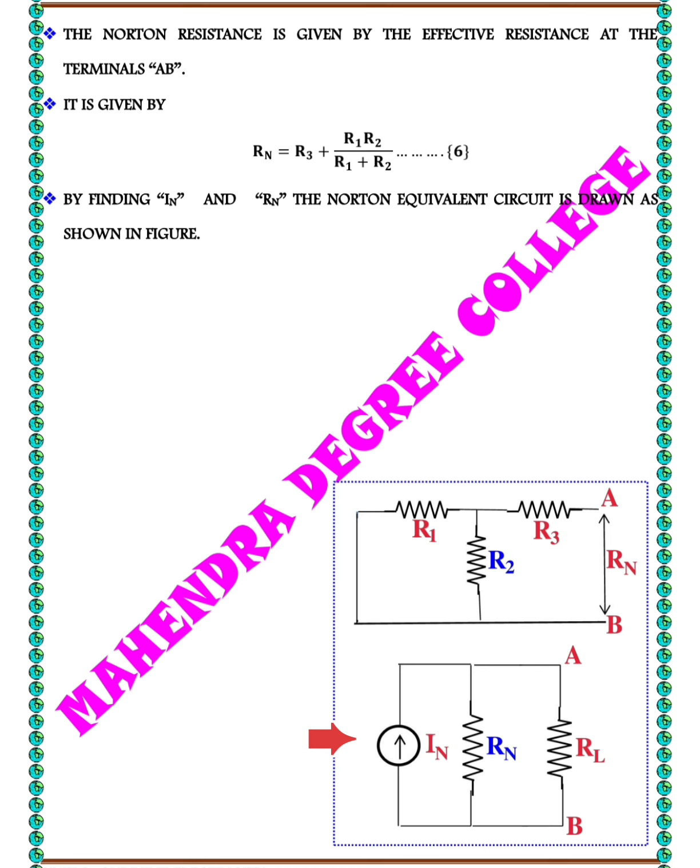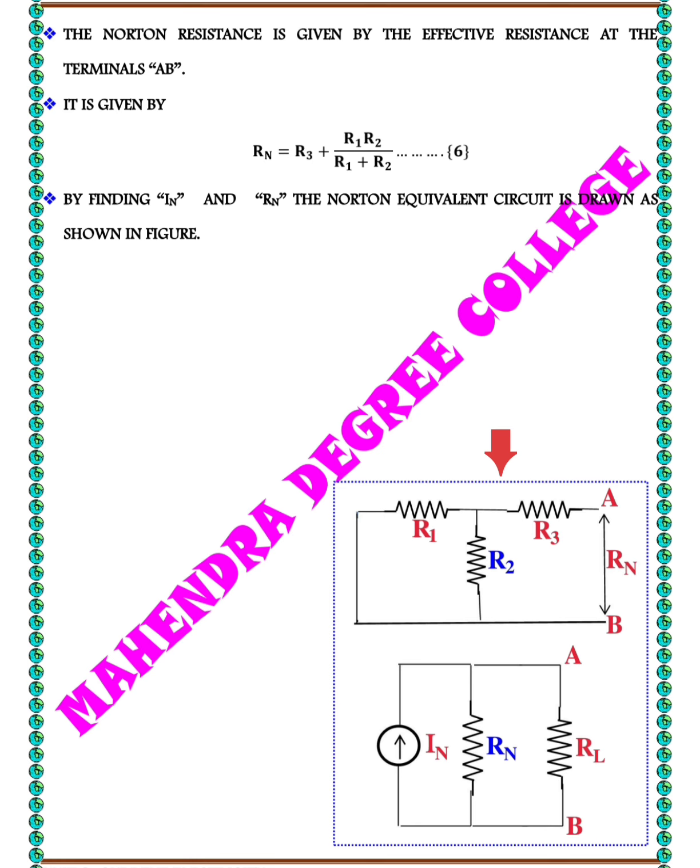Load resistance RL represents the external component or circuit connected to the terminals A and B. This equivalent circuit is useful for analyzing the behavior of a circuit with respect to a specific load.